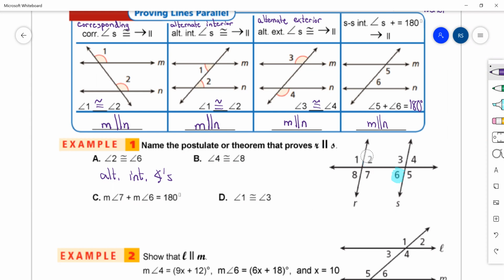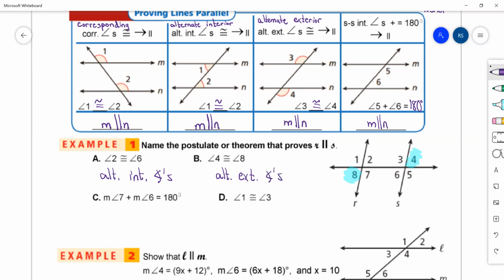Okay. Next, they ask us about angle 4 and angle 8. What kind of angles are those? Those are alternate exterior angles.